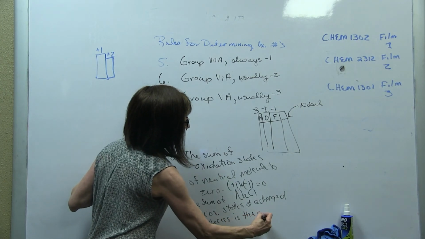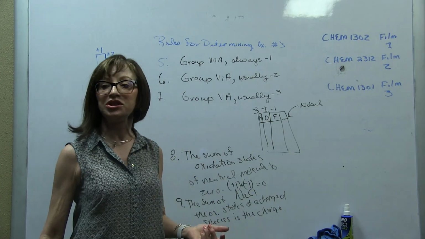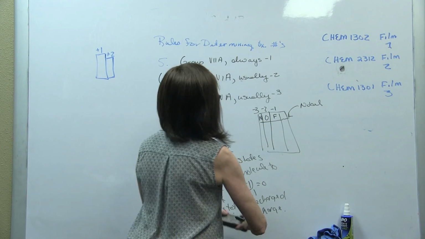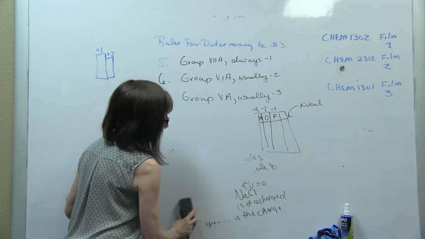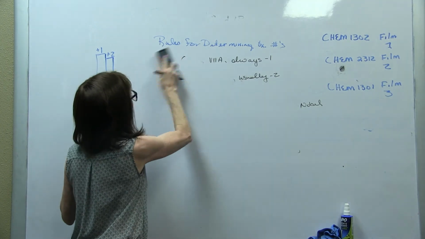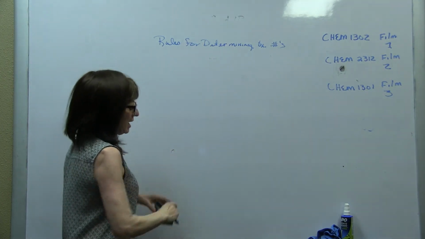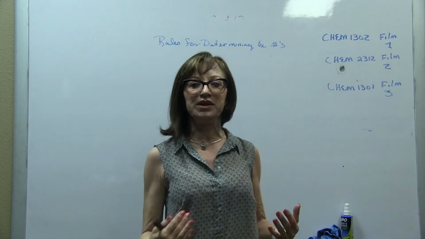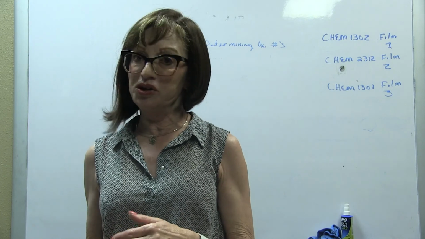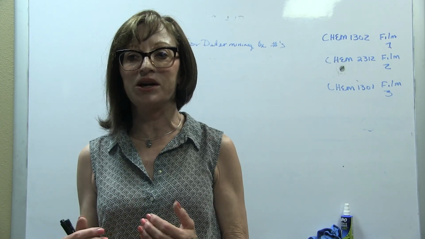So instead of setting it up equal to 0, you're going to set it up equal to the charge. Let me give you an example. I'll erase this and show you real quick. This is a review for you guys. I wanted you to have it to make sure that when you're doing these redox reactions, these oxidation reduction reactions, remember we talked about that last week. When you're doing those, you can determine what the oxidation states are very quickly.